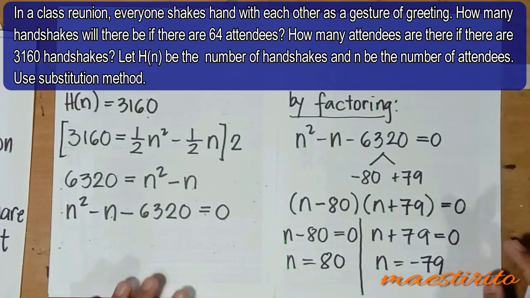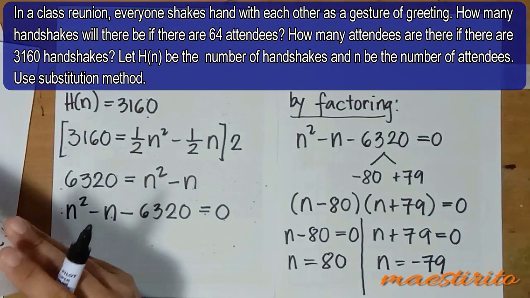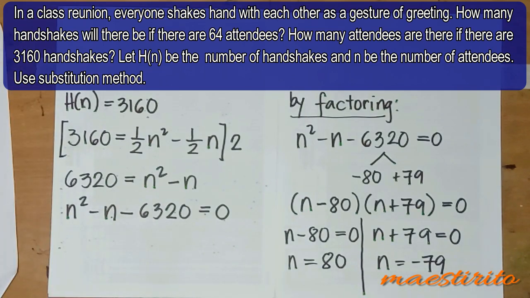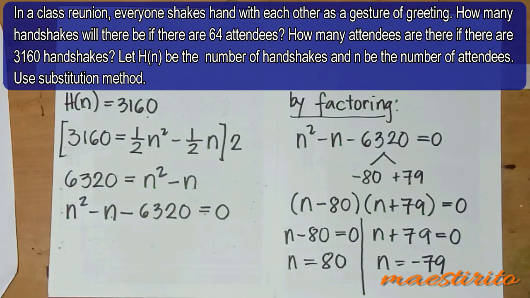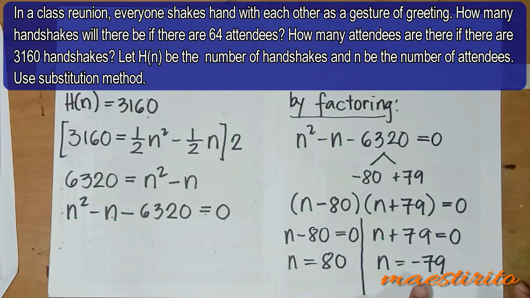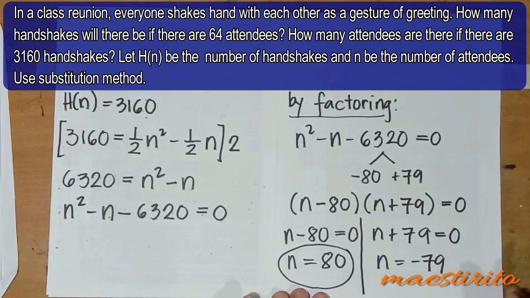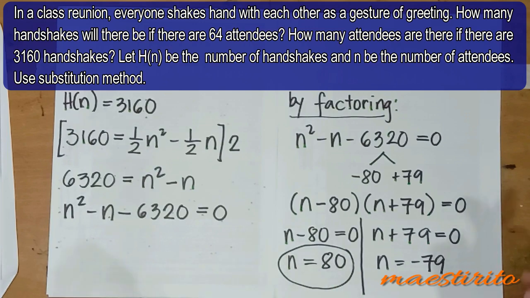Since from the problem we are being asked to find the number of attendees to have 3,160 handshakes, you cannot have negative 79 attendees, because that's negative. Therefore we have to discard n equals negative 79, and we are going to have 80. So to have 3,160 handshakes, there should be 80 attendees.